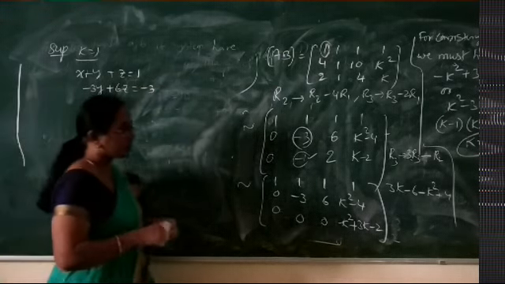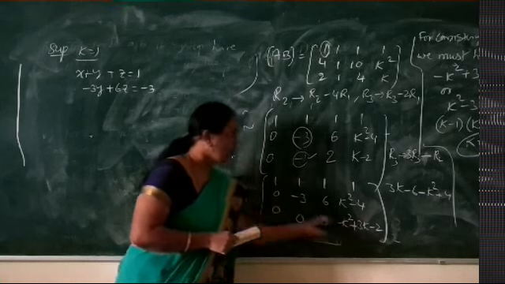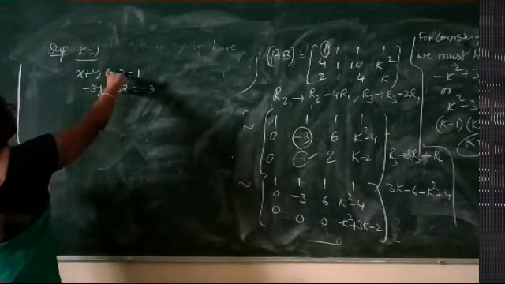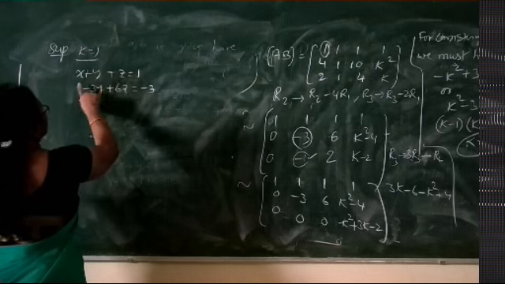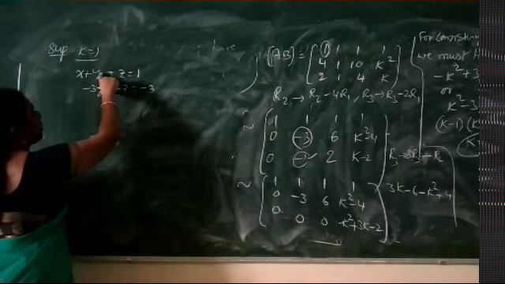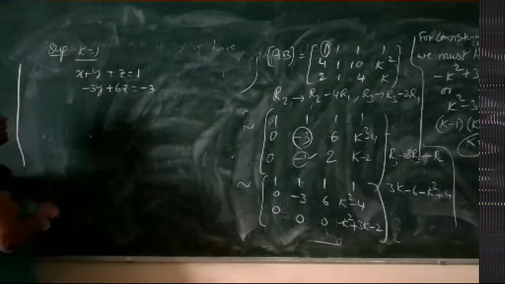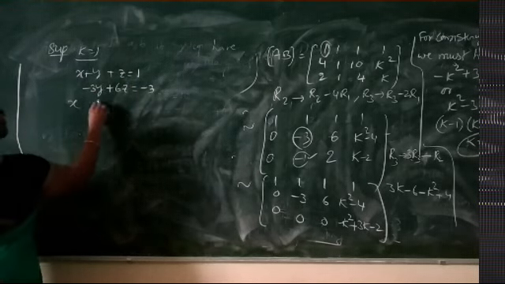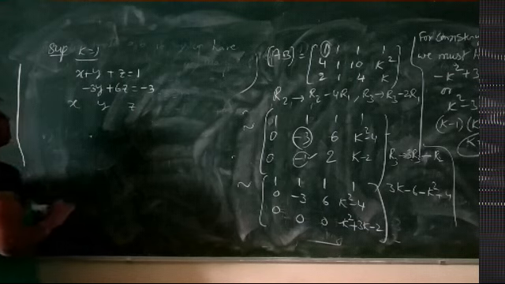From the last row, this becomes 0 for K equal to 1, so no equation. We have 2 equations and 3 unknowns, x, y, z. Right? This can now be solved easily by cross multiplication. So we have x, y, z.